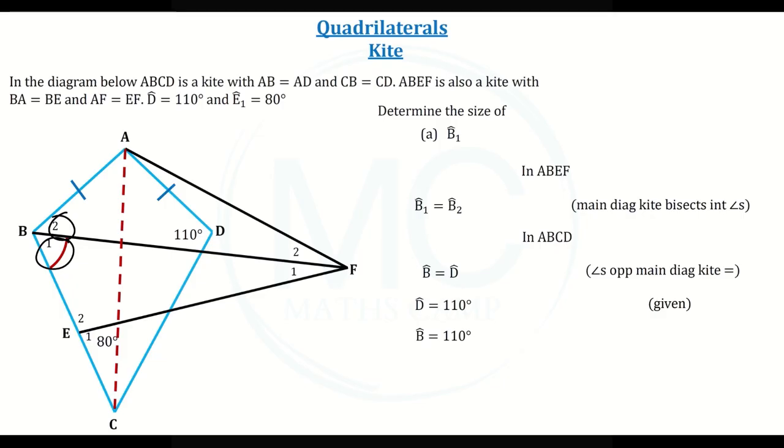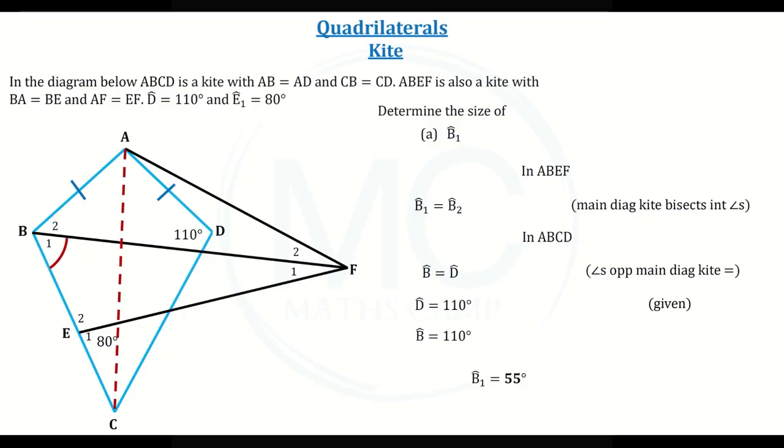And we found that angle B1 is equal to angle B2. So if angle B is 110 degrees, then B1 must be half that size. So we can see that angle B1 will be equal to 55 degrees.